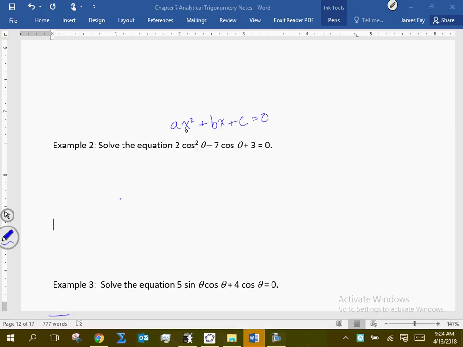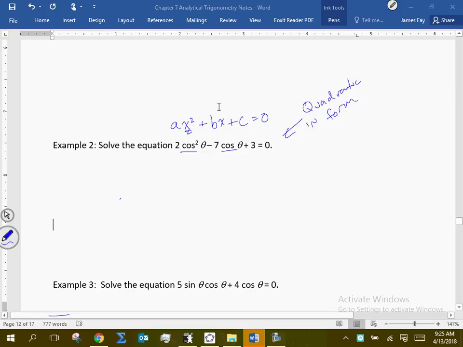Where our variable component in this case is the cosine. Okay. So is this thing quadratic in form? In quadratic form, maybe is a better way to say it, unless you're Yoda.